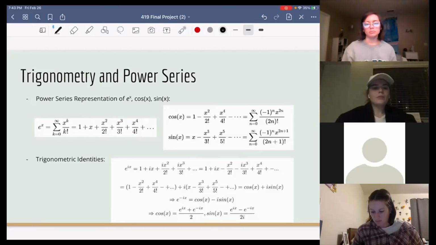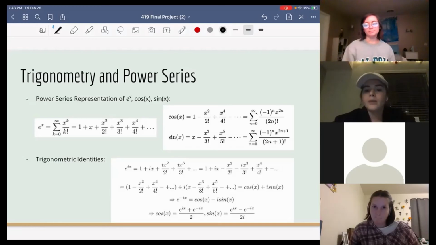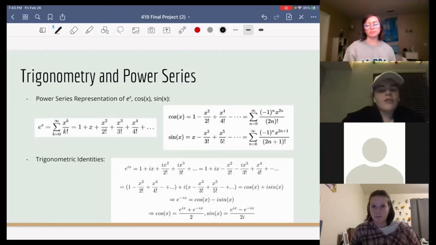So here we want to find the trigonometric identities involving e that we've used for so long. We'll start using the definition above. If you plug in ix instead of x, it yields the sum 1 plus ix plus (ix) squared over 2 factorial, and so on.